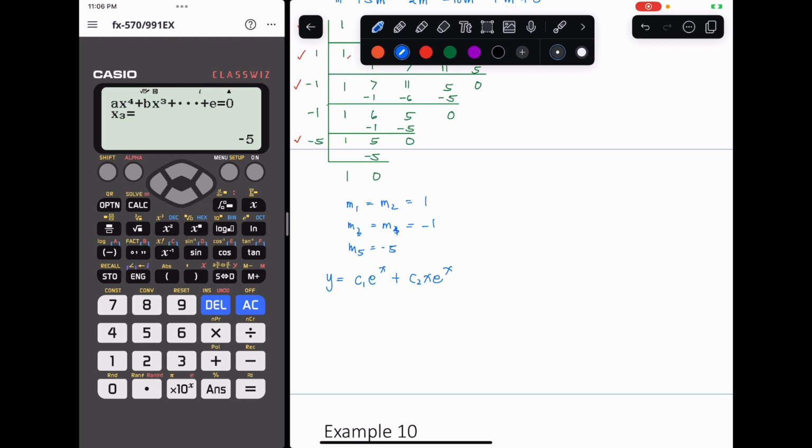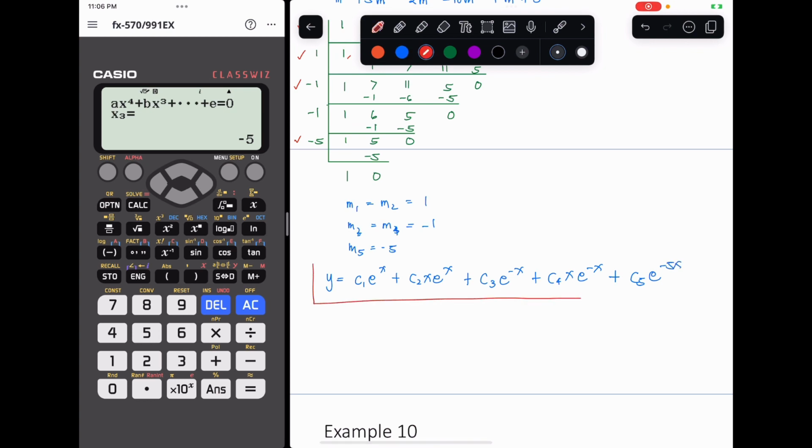And then for m2, m3 and m4, which is -1, plus c sub 3 e raised to -x plus c sub 4 x e raised to -x. And lastly, plus c5 e raised to -5x.